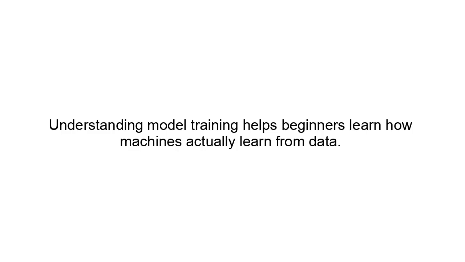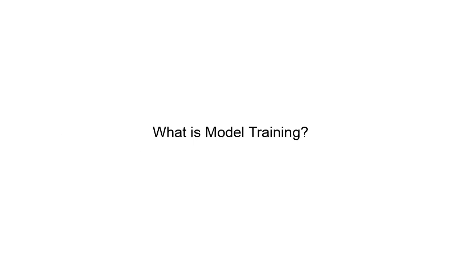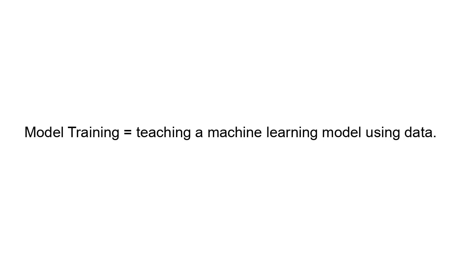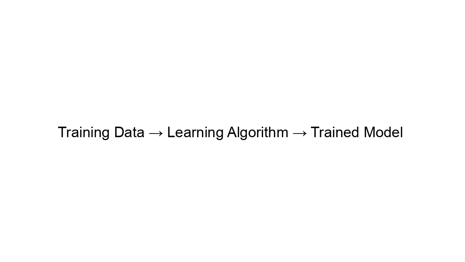Model training is the process where a machine learning algorithm learns patterns from training data in order to make predictions. In simple words, model training equals teaching a machine learning model using data. Example concept. Training data plus learning algorithm equals trained model. The trained model can then be used to make predictions on new data.